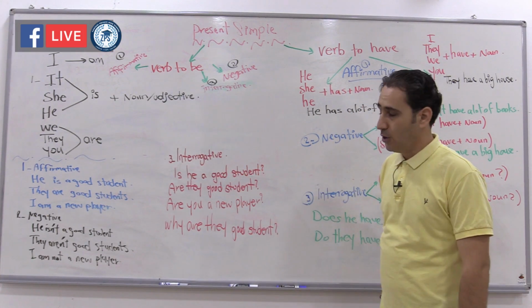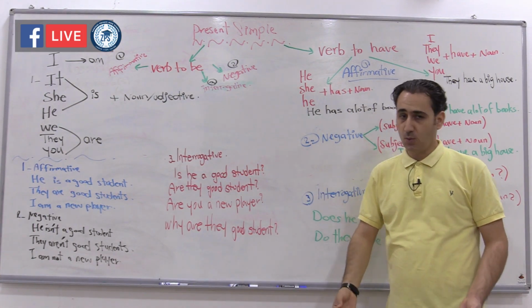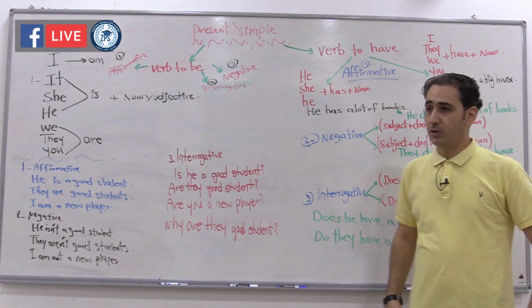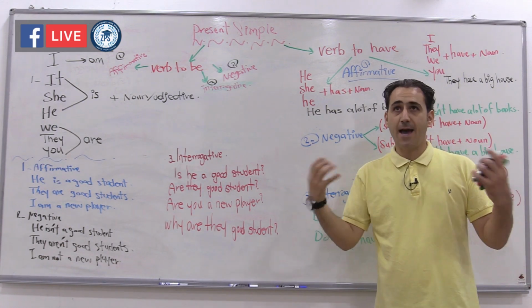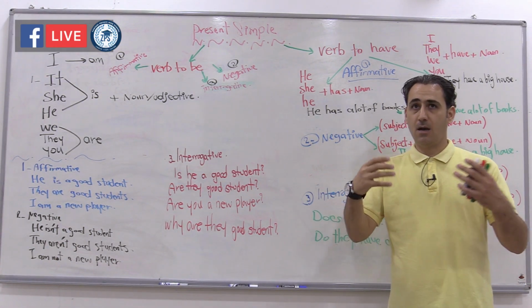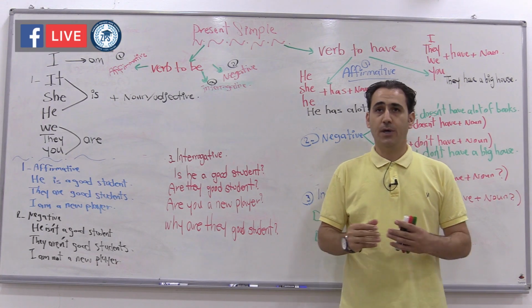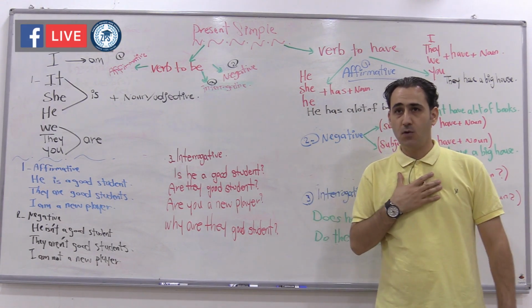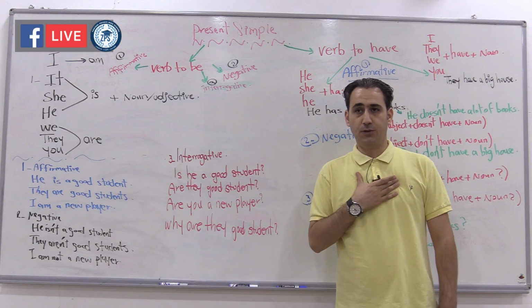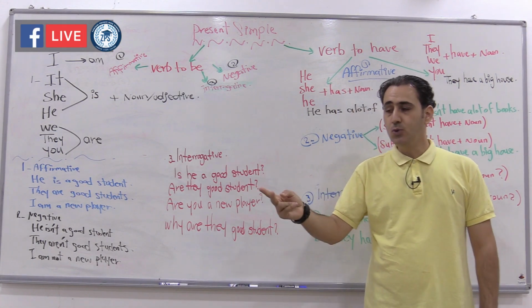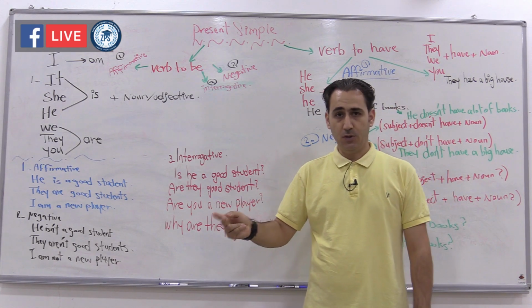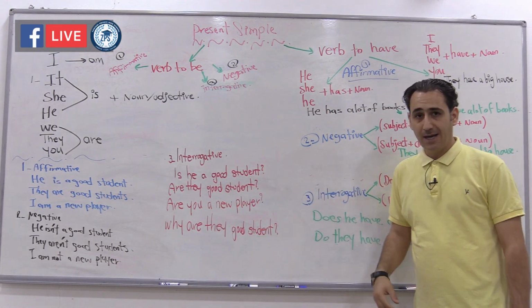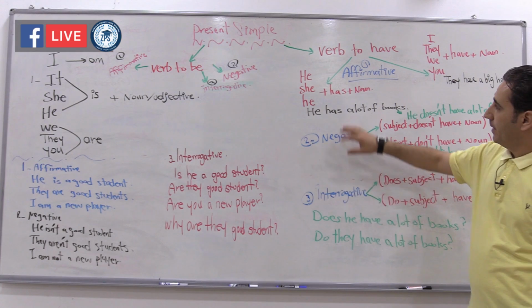Verb to have: we can use have and has with present simple when we are talking about something that we have, like a car or house or brothers, sisters. For example, I have four or five brothers. She has two sisters.